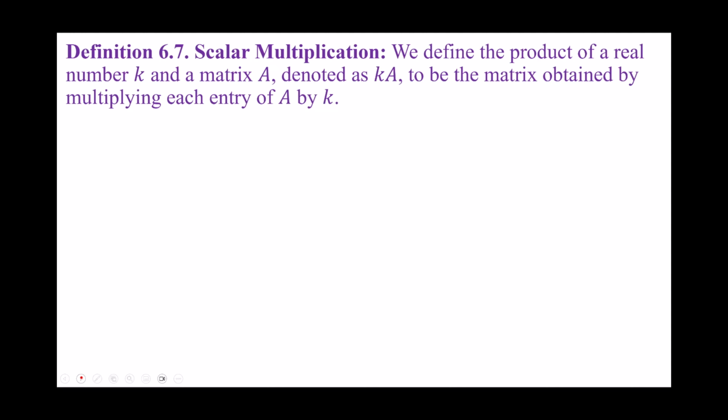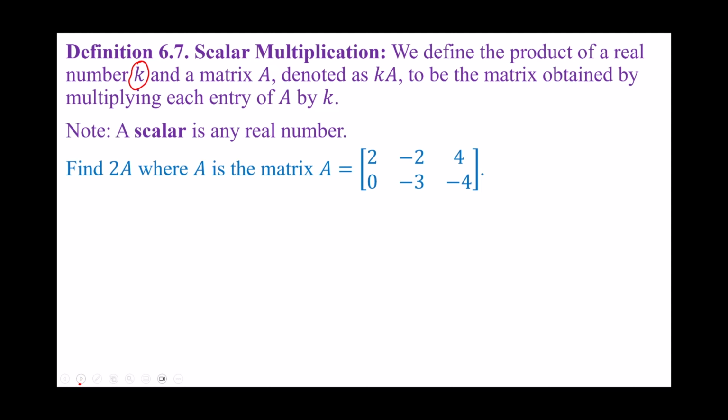Scalar multiplication is the next definition. We define the product of a real number k and a matrix A, denoted as kA, to be the matrix obtained by multiplying each entry of A by k. So k is what we call the scalar. It's just going to be a real number. So if my matrix A is this matrix shown here, I want to find 2A.